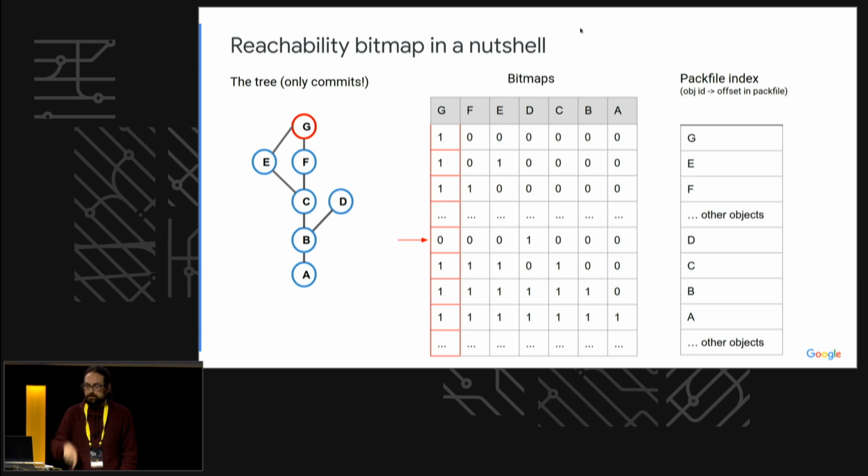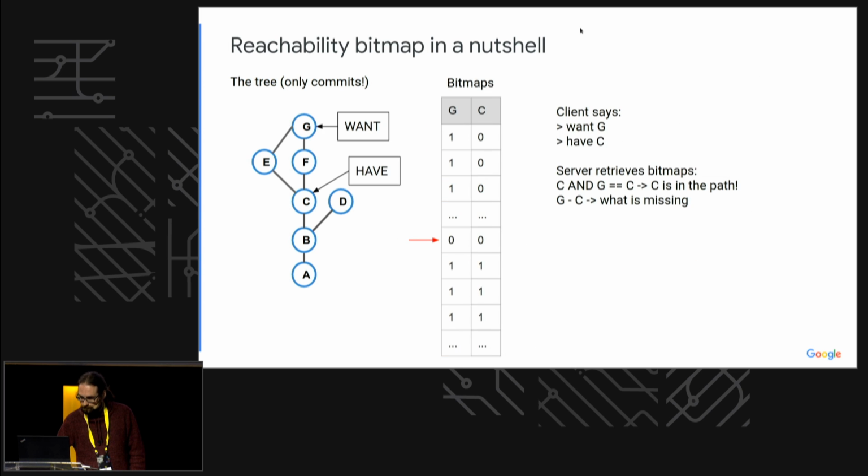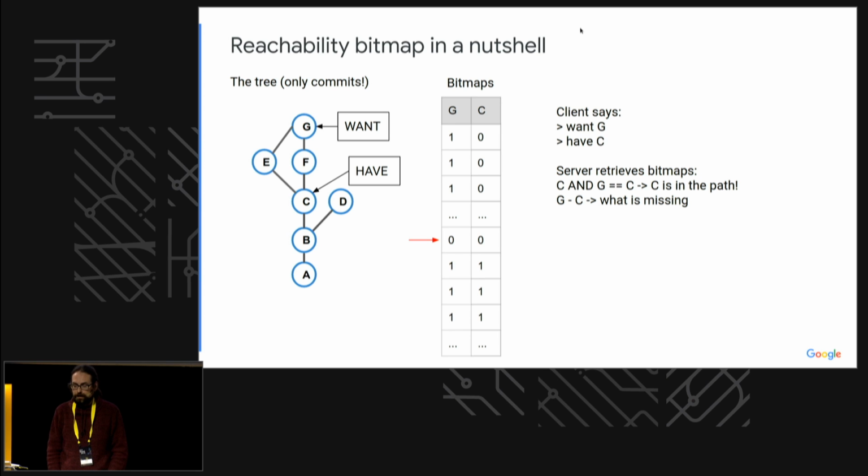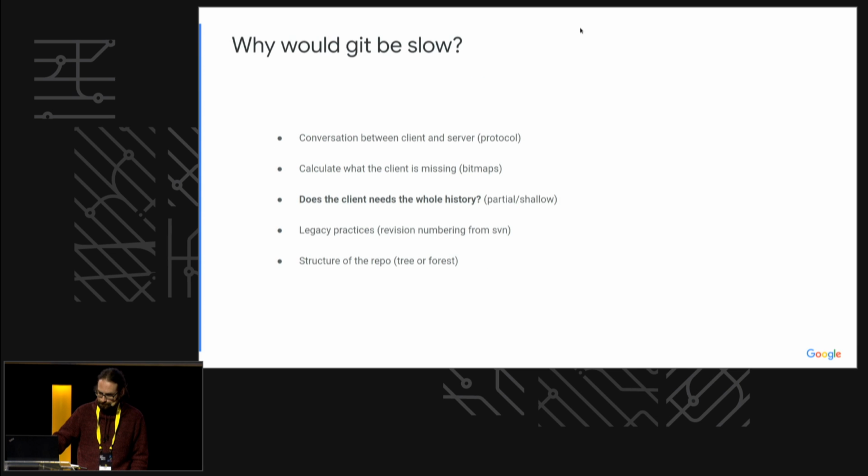If you check the other extreme, for example node A, it has all 0s, because you cannot reach anything from node A. So what is the point of this? Now the client says, I want G and I have C, so the server can retrieve those bitmaps, and calculating the difference is just doing bitwise operations. We don't really need to crawl through the information, which is much more effective.